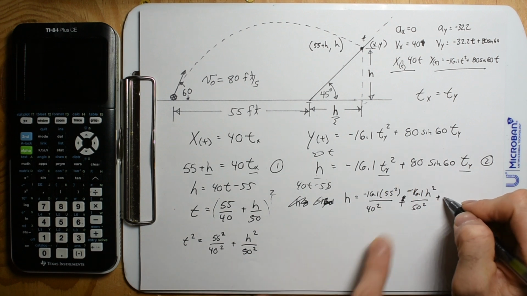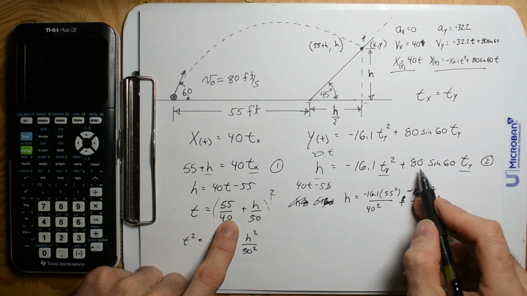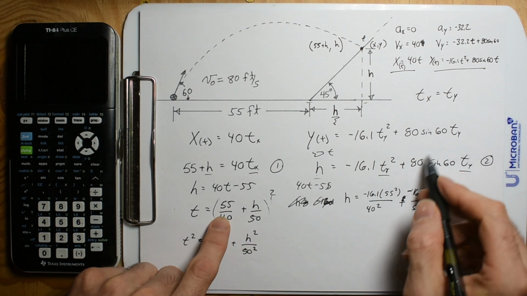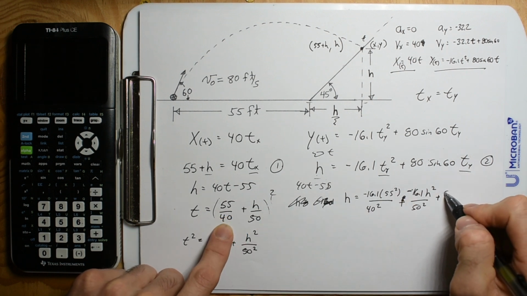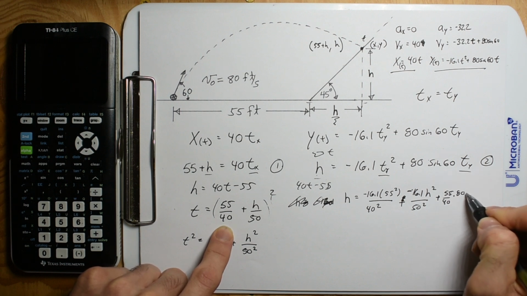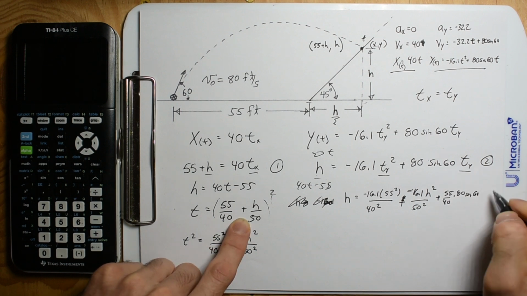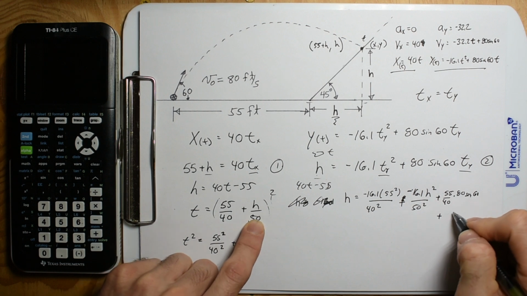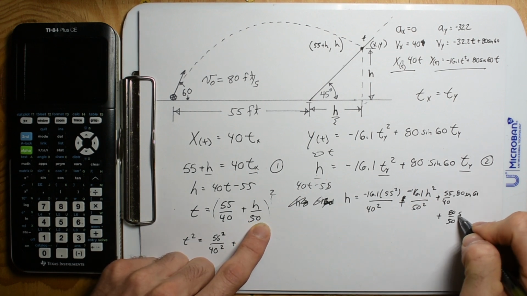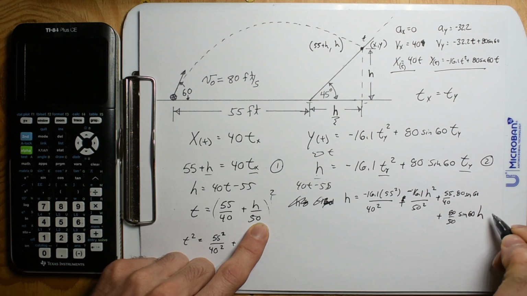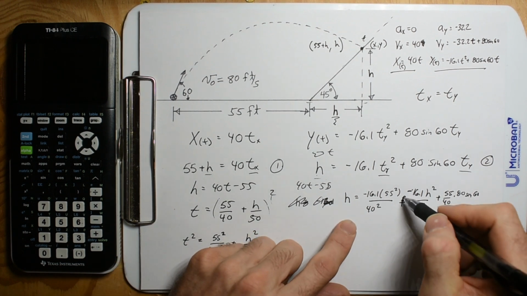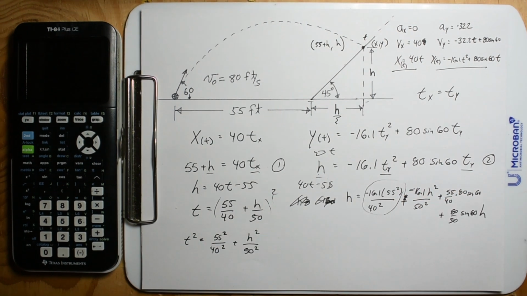And now plus, I'm going to substitute this in for t. So I'm going to FOIL this in. So I'm going to have 55 divided by 40 times 80 sine 60 plus 80 divided by 50 sine 60 h. Whew, that's brutal.